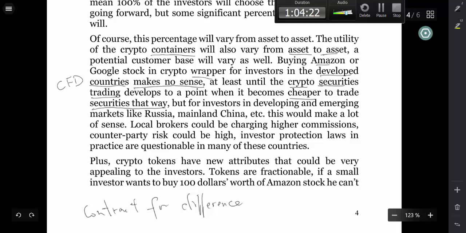For example, if you are in some faraway places and you are not able to trade some securities or some stocks, or maybe you want leverage, you trade some kind of private derivative contract called a contract for difference. At first that idea wasn't very popular, but then it got cheaper and cheaper, so more people were thinking about it seriously. So I think crypto assets can go this way.